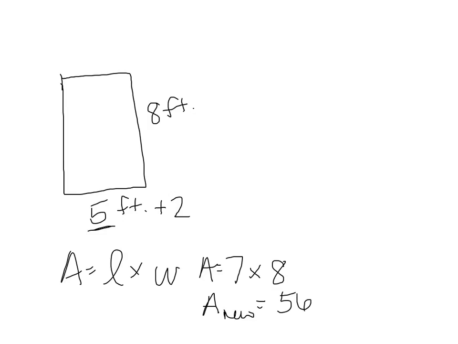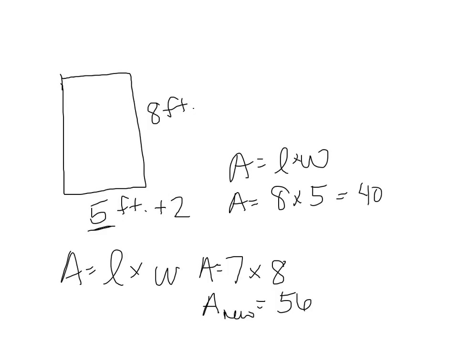So to get the difference, I need to find out what the original rectangle was. So how I can do that is the same way, plugging it into A equals LW. L times W, we're kind of past writing the times in, but I'll write it in for this one so we don't get mixed up. So I would get area equals 8 times 5, or 40.